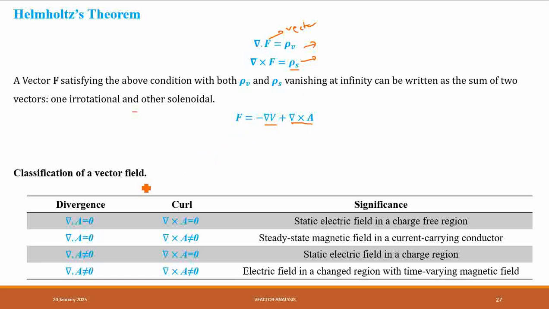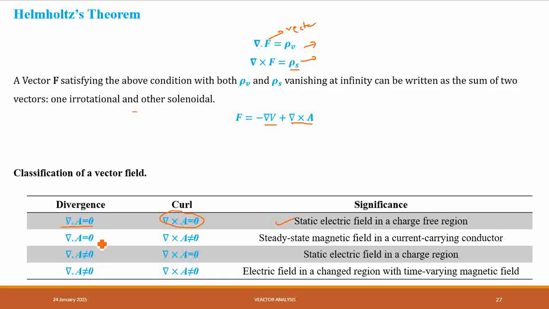Okay. Some classification of vectors. Suppose the divergence of any vector is 0, which means solenoidal. And curl of A is also 0, irrotational. So if any vector A is solenoidal as well as irrotational, then we can say it is a static electric field in a charge-free region.